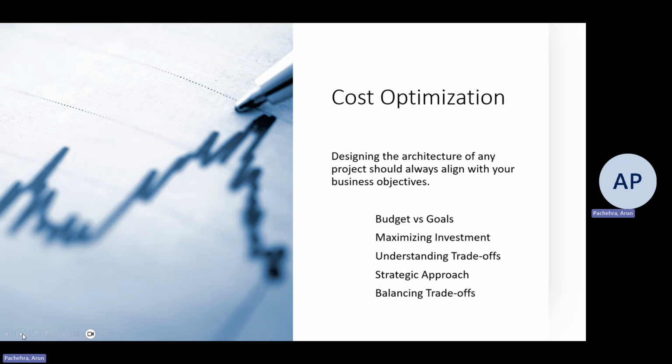The very first thing to understand is designing the architecture of any project should always align with your, if you're guessing business objective, then you are with me and you're going to learn a lot because you understand the main point of things we are learning here. So your cost optimization or all the steps, anything, it should be aligned with your business objectives.